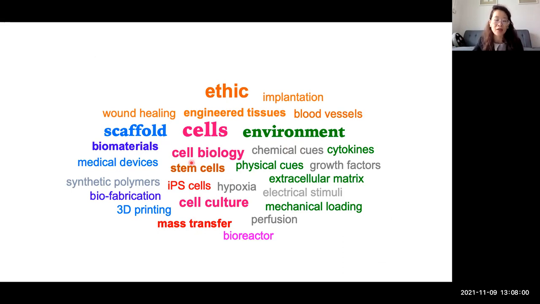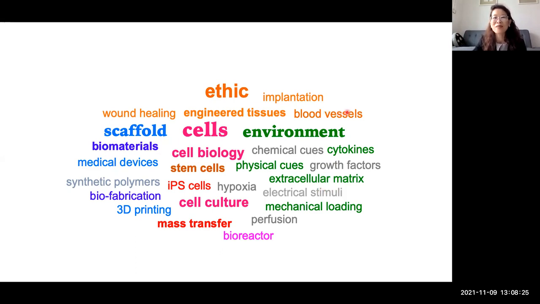For example, for the cells, we have to know cell biology and different cell types. For the scaffold, I will talk a little bit about bio ink, hydrogels, and some scaffolds that we create to let the cells stay inside, and how to culture them with different growth factors and chemical cues.